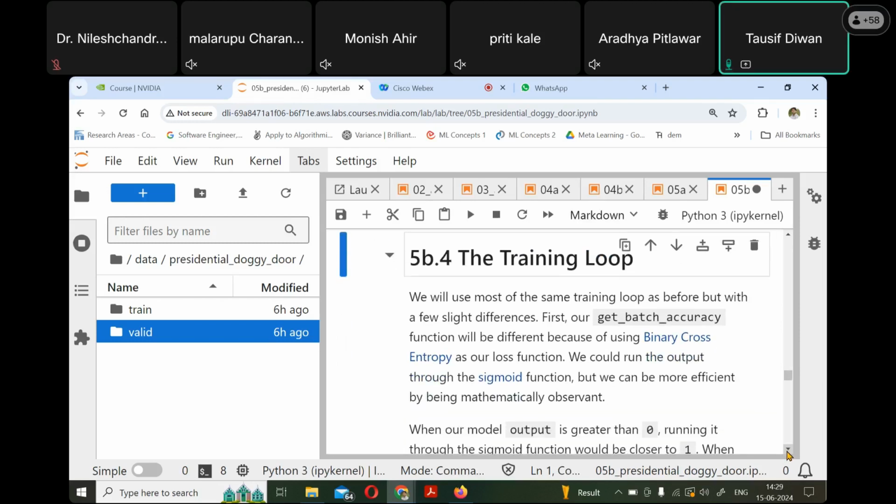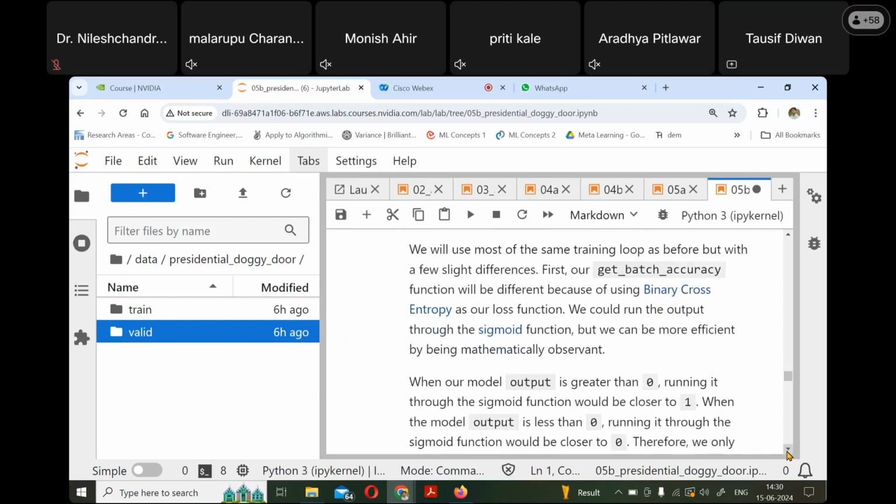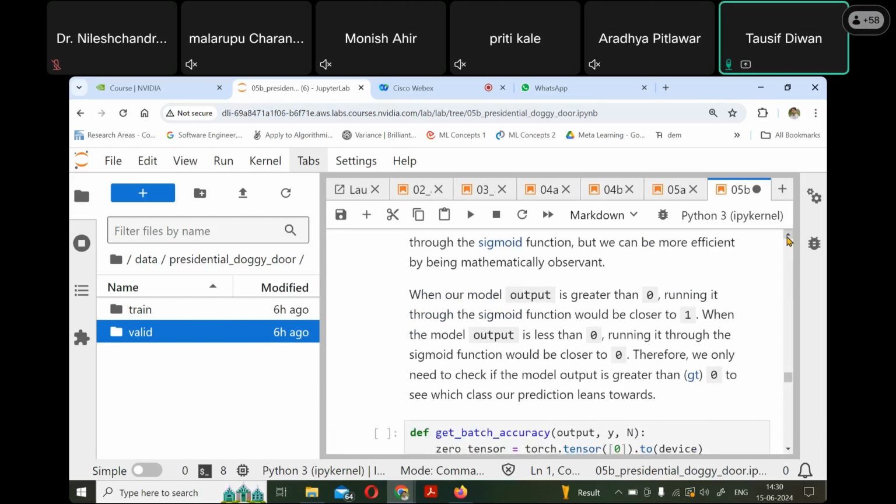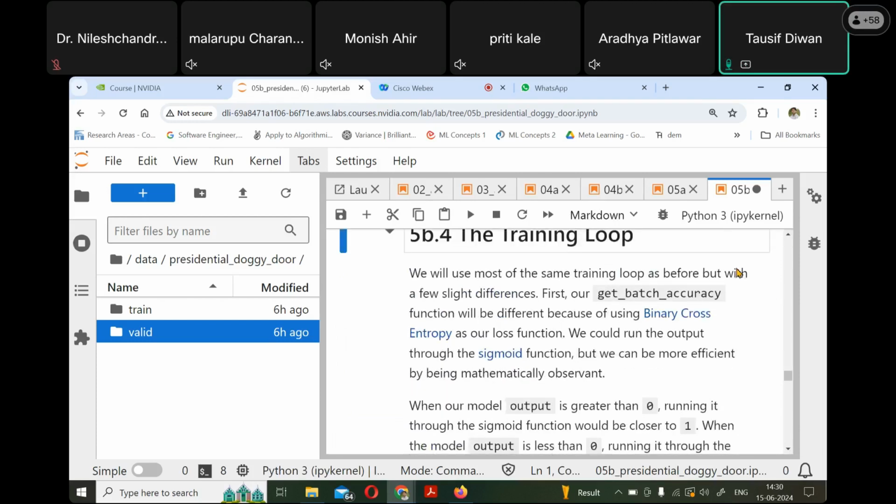Next one is the training loop. Previously we were using the get batch accuracy function, but this time we are using binary cross entropy loss. So we run the output through the sigmoid function. The sigmoid function is used for binary classification.